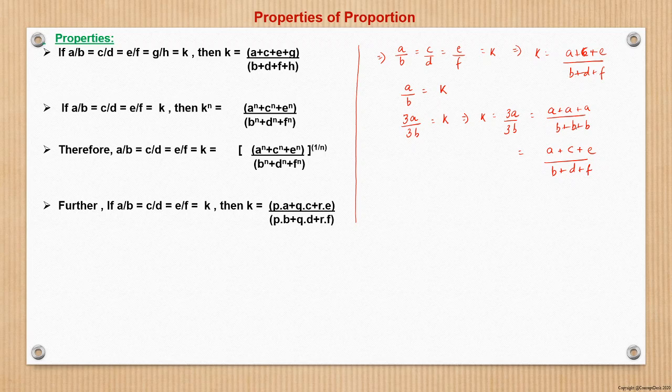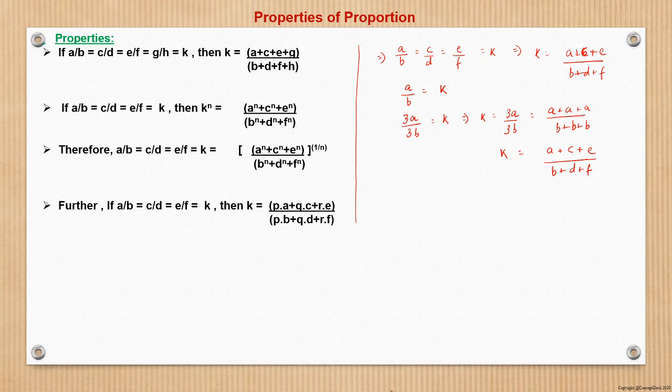Because A by B is equal to C by D is equal to E by F. So that is what K is. So this is a rough empirical proof for this. This we have also seen in the first session on ratio properties.